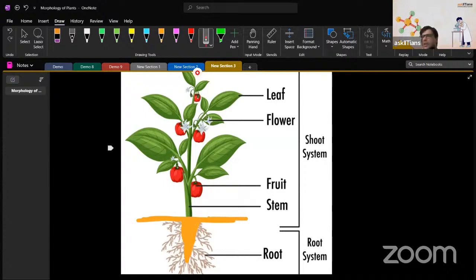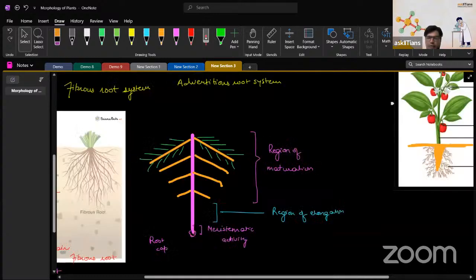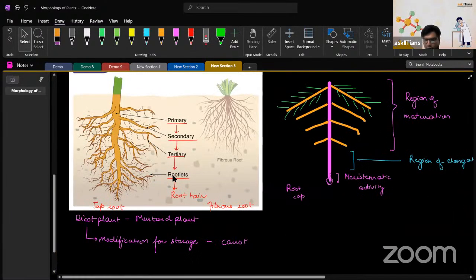When the winter is over and the spring season is there, the plant is just going to burst out again, right? So that is what the advantage is. Sorry, a modification of the taproot is basically a modification for storage that is seen in the case of carrots.